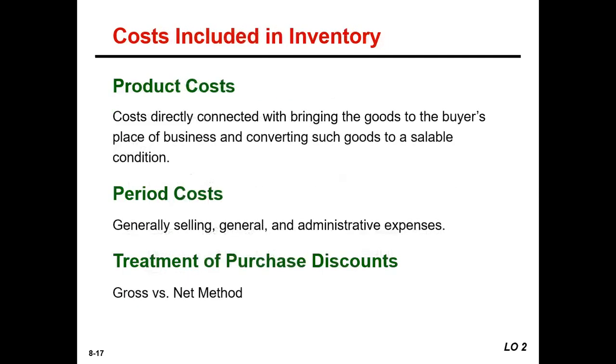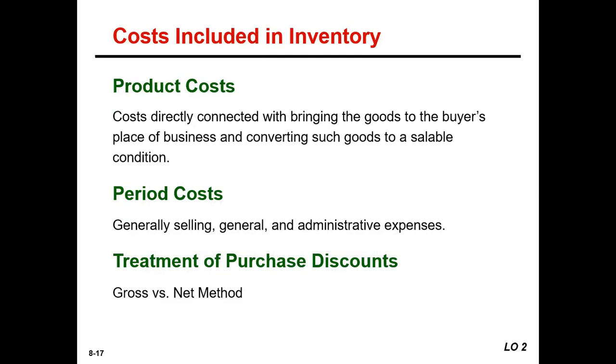All right. And then we've also touched on this before, I know definitely in cost and managerial accounting, but product cost versus period cost. Product costs are the costs directly connected with bringing the goods to the buyer's place of business and converting such goods to a saleable condition, right?